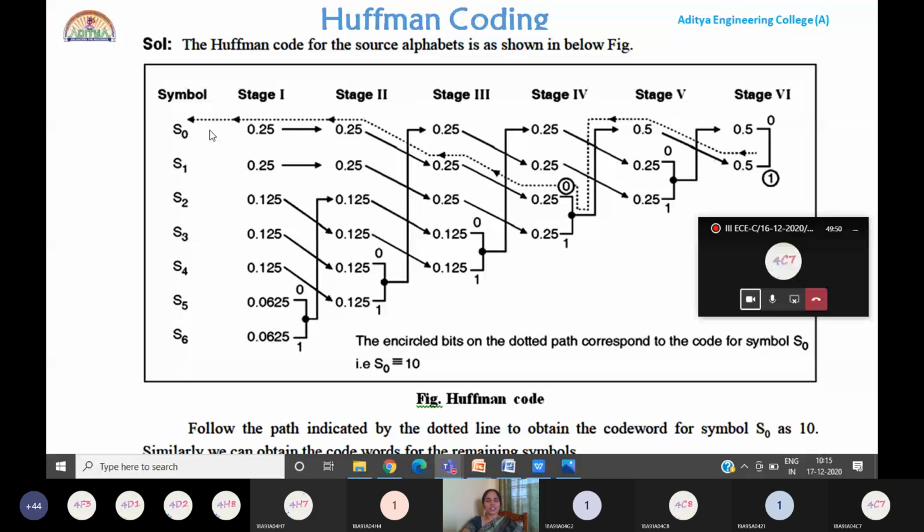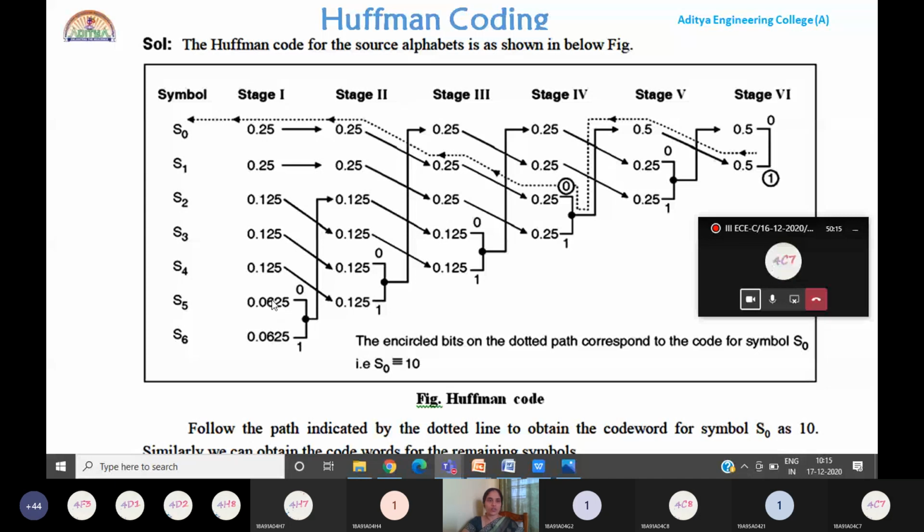But here the Huffman encoding process doesn't rely on the process of partitioning. It relies on the process of combining. And here the combining factor or reduction factor is given as 2. So what will you do? First step is to represent the symbols in decreasing order of probability. Check the probabilities, 0.25 to 0.0625.